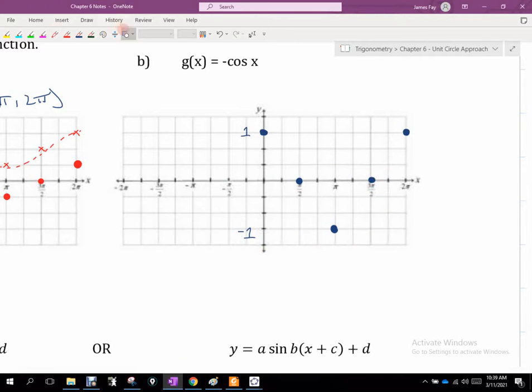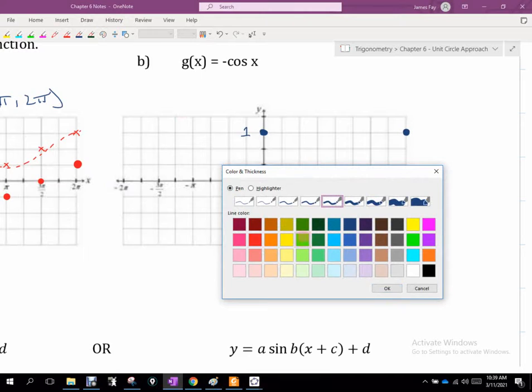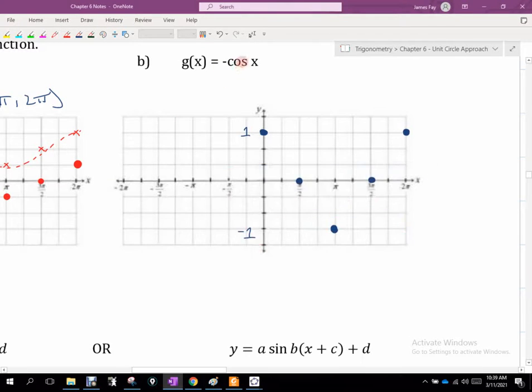Now the next thing we're going to do is take those parent function ordered pairs and determine what happens when we multiply by a negative. So this is saying that the y value we're going to graph is the opposite of what the y value for cosine was. The y value for cosine here was 1. Opposite would be negative 1, right?